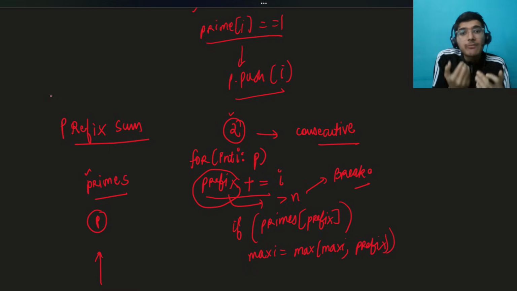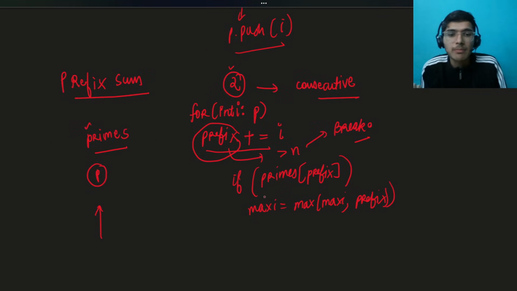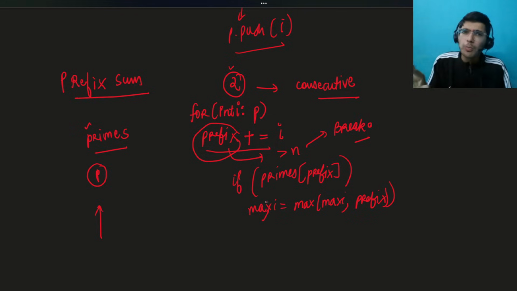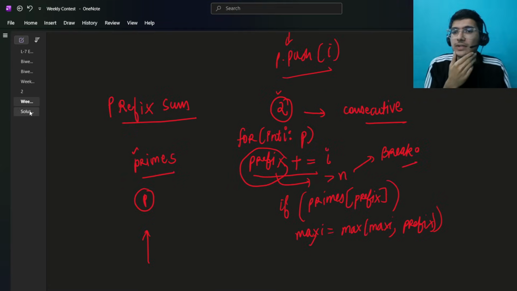And when at some time we get a prefix that is a prime, which we can easily tell with this primes array, we update our maximum. And then we finally return our max. I hope you get it. It's very simple, and I don't need to show you an example because it's not very difficult. Let's directly jump to the code, which will help you understand it better.